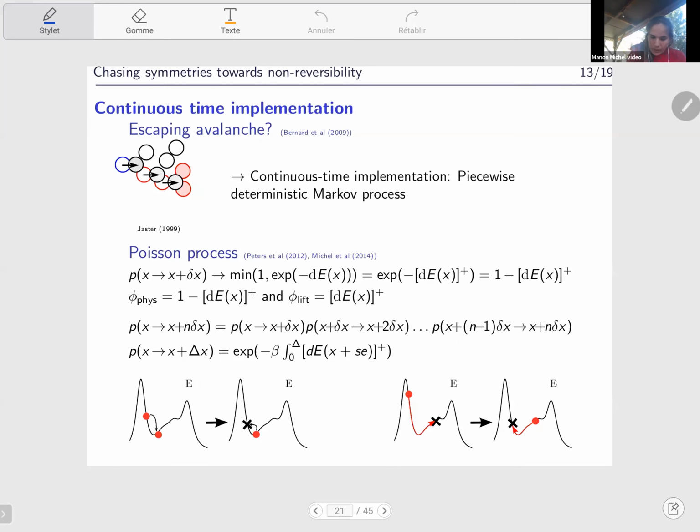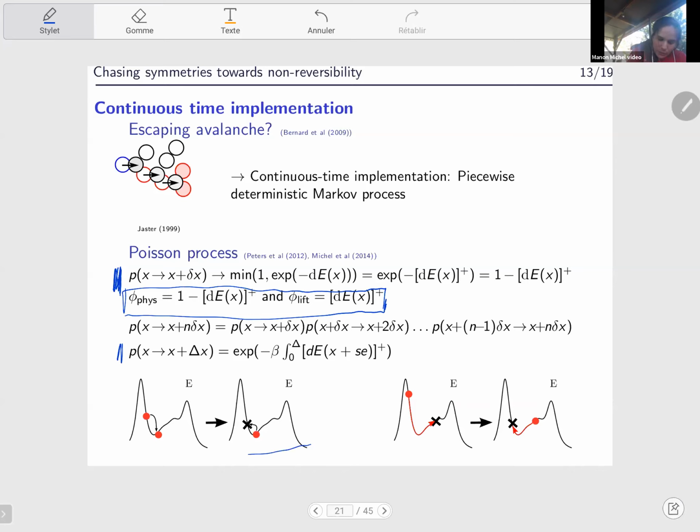And if you do PDMP, you end up, if you look at your probability transition, with a Poisson process, okay? It's very easy to see here the compensation of the physical flow and the lifting flow. And here you end up with your Poisson process.